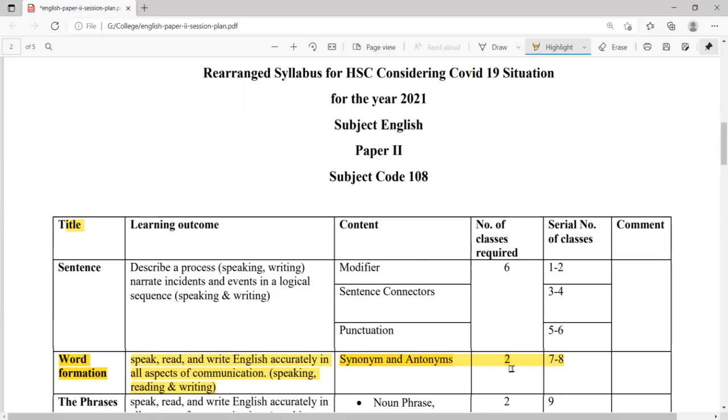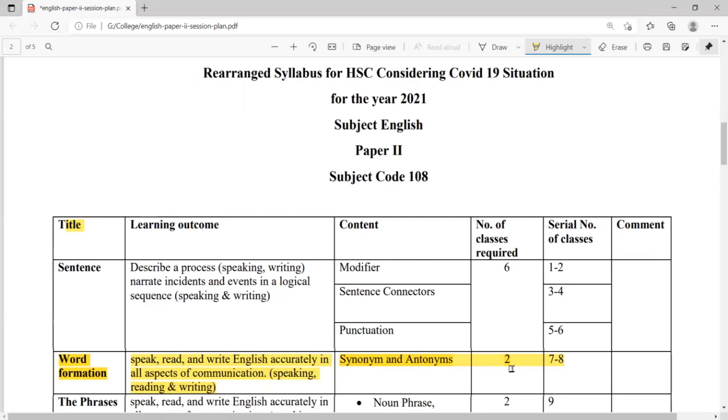Otherwise, the 4 skills of a language, that is listening, speaking, reading and writing, you cannot develop. You cannot improve. You cannot express yourself well, and you'll not be able to understand what others say, because you don't have a good stock of words. And as English is a language, you need to learn more and more words or new vocabularies, so that you can develop the language well.